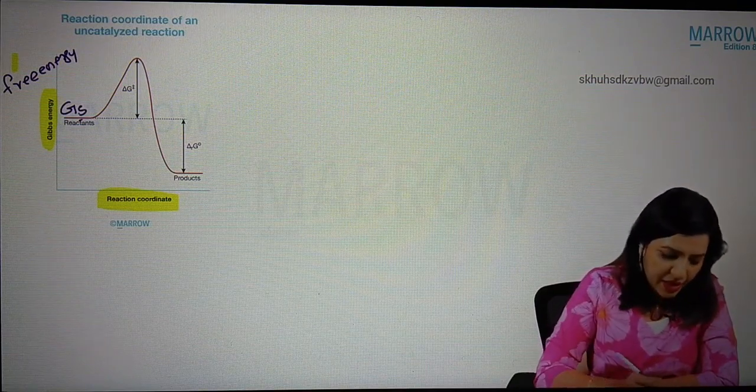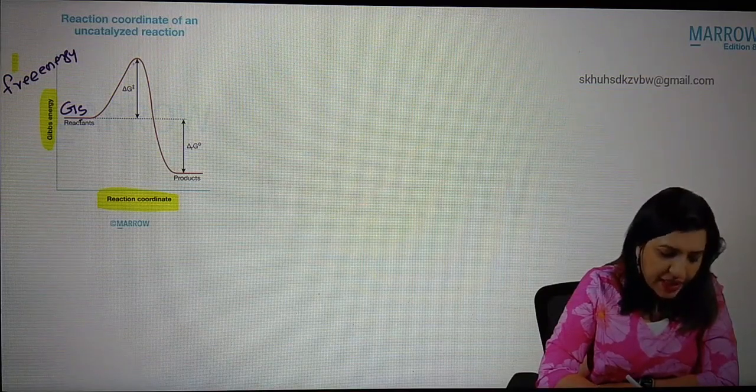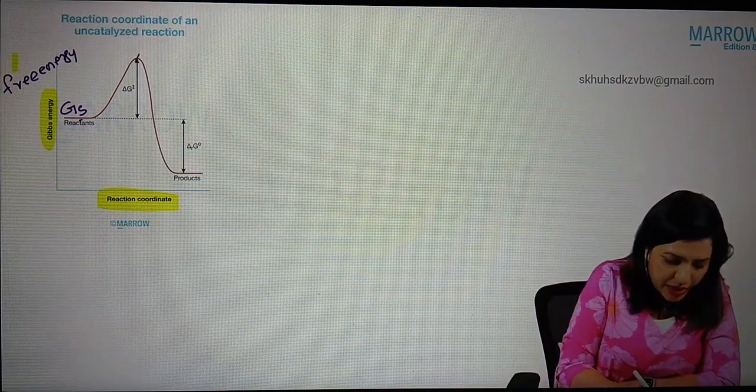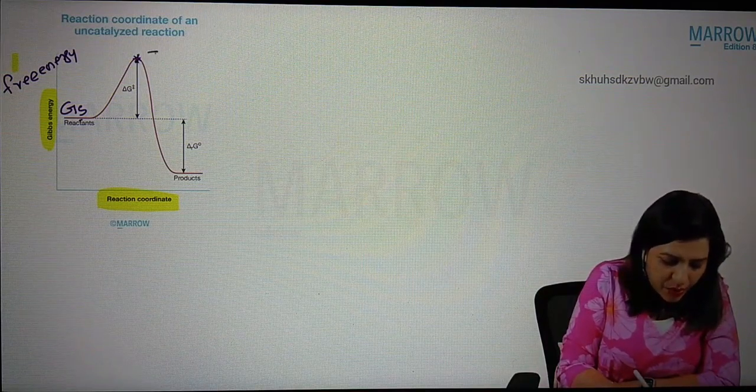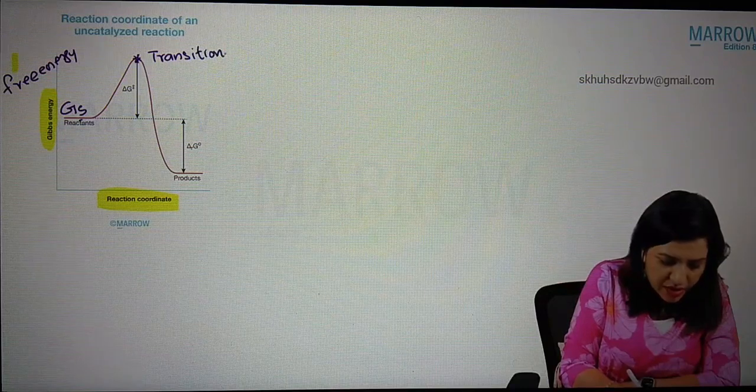the free energy of the substrate or the reactant. When the reaction is happening, this reactant should attain certain energy so that it reaches a point here, which is called the transition state.